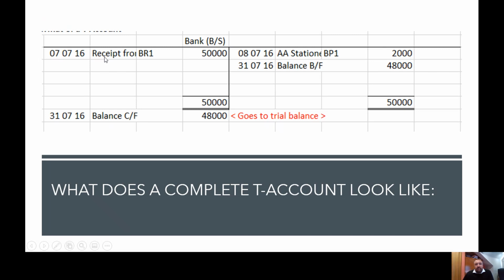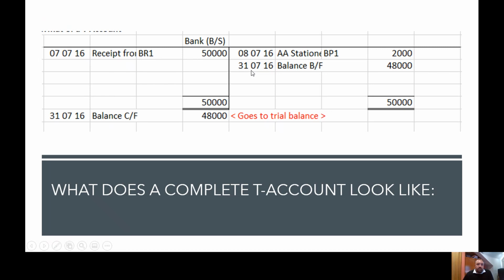Then we must have a description so that when we read through our business bank T account, we can see the description there. Normally we can give all the transactions a number, so we can say this is business receipt number 1, and we can cross-reference that to the ledger that we're posting. And the amount.